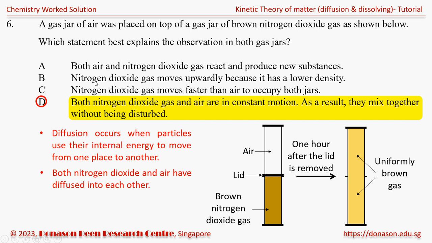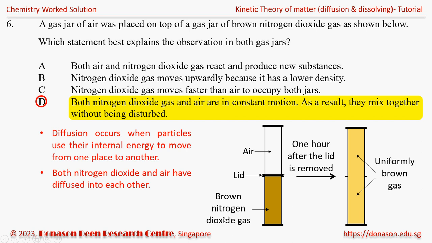Nitrogen dioxide gas moves upward because it has a lower density. In fact, nitrogen dioxide gas has a higher density compared to the air. Air's Mr value is roughly about 28.8 if you consider the air to be made up of about 80% nitrogen and 20% oxygen, and if we had to do the calculations.